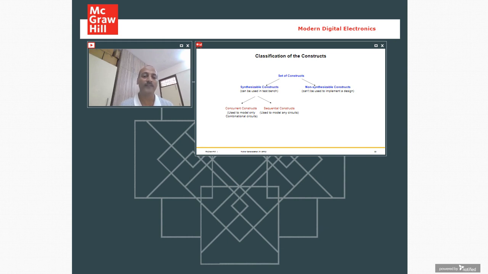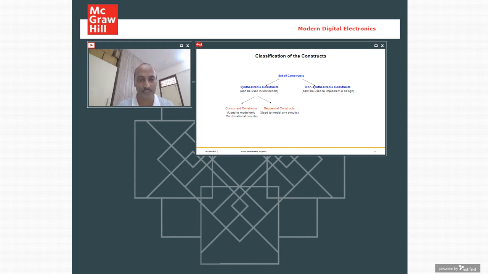Synthesizable constructs are used to design your module and to port your design onto silicon, whereas non-synthesizable constructs are meant for testing your design. One set of statements can be used in the test bench, but the other cannot be used in design, because it is meant for testing the circuit.